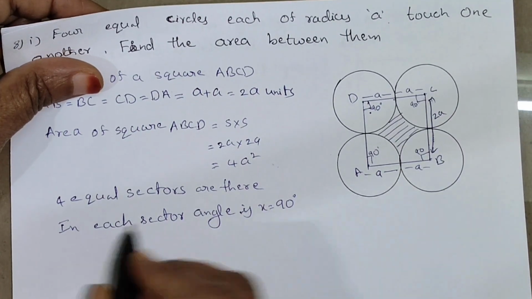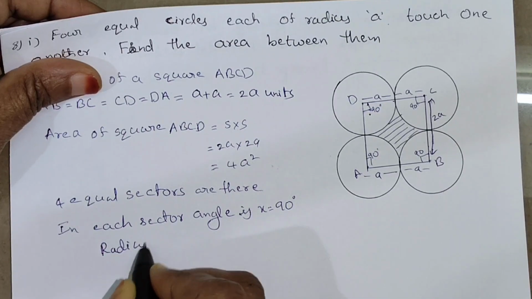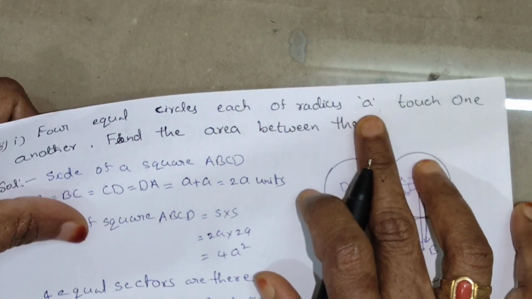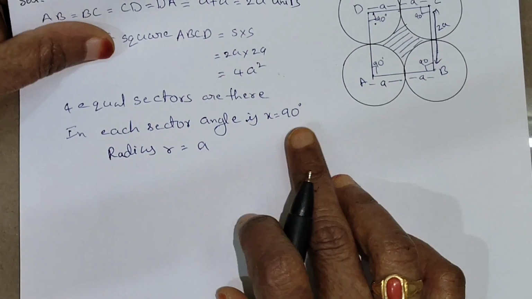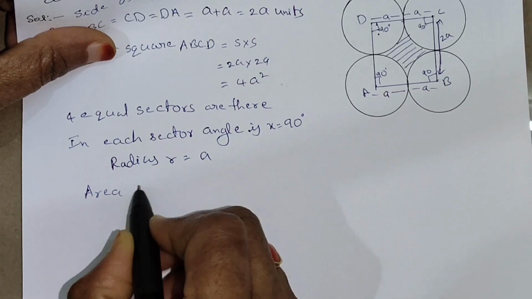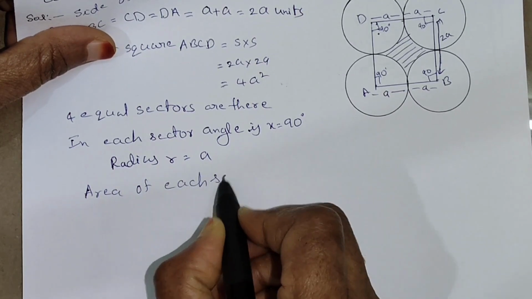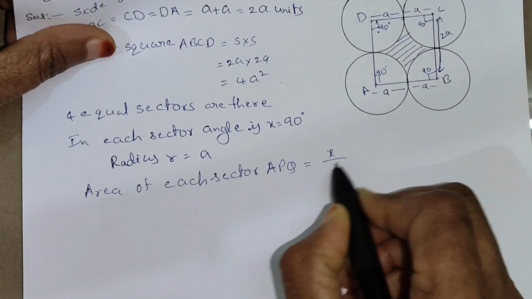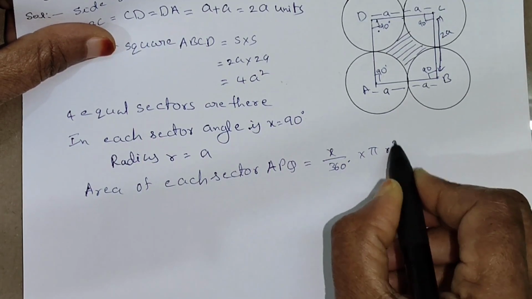So with 90 degrees, the radius r is equal to a. Radius a, and 90 degrees, we find the sector area of each sector. Area of each sector APQ is equal to x by 360 into pi r square. This is the formula.